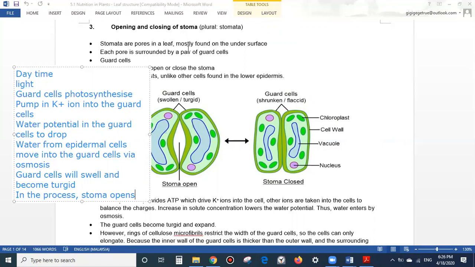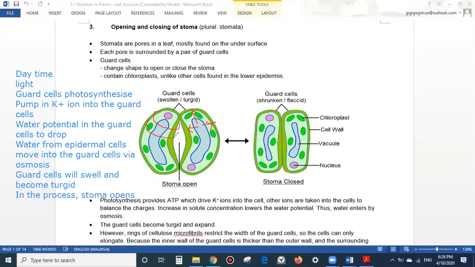When it swells, it will push in all directions. In this case, because the guard cells have a certain ring, it cannot expand sideways. It can, but it has a limitation. So when it swells, it doesn't become fatter. It becomes longer, like this. So when it becomes longer, the shape becomes like this. It swells up like a bean shape. You got the idea?